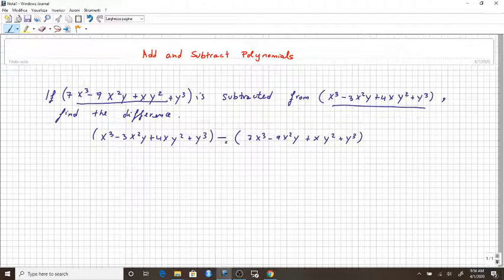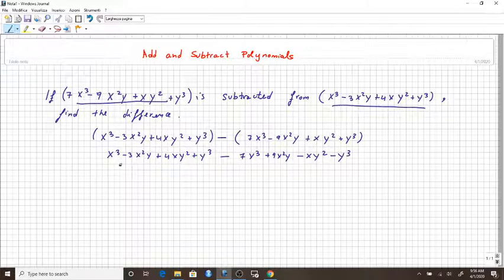Since we have a negative in between, I need to change the sign of this expression on the right side of the page. So we have x cubed minus 3x squared y plus 4xy squared plus y cubed, and this becomes minus 7x cubed plus 9x squared y minus xy squared minus y cubed.